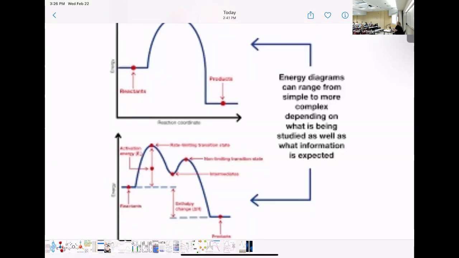Because this is directly related to this example here on the left, on the bottom, which is going to have more than one reaction that makes up the overall reaction.